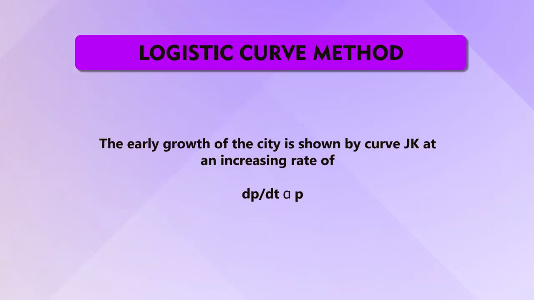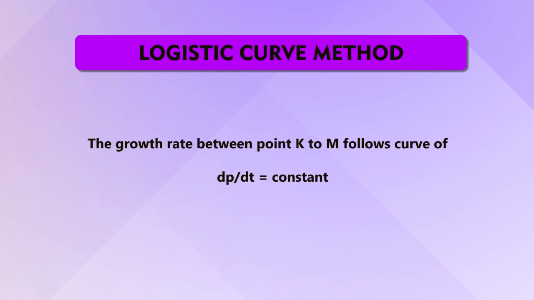So early growth of the city is shown by the curve JK at an increasing rate, dP divided by dt proportional to P. The growth rate between points K to M follows the curve where dP upon dt is equal to a constant.